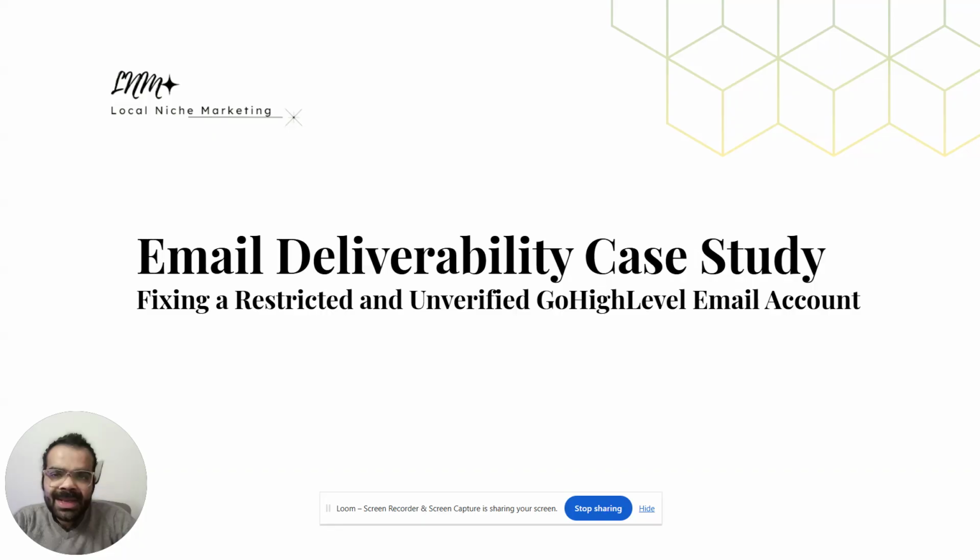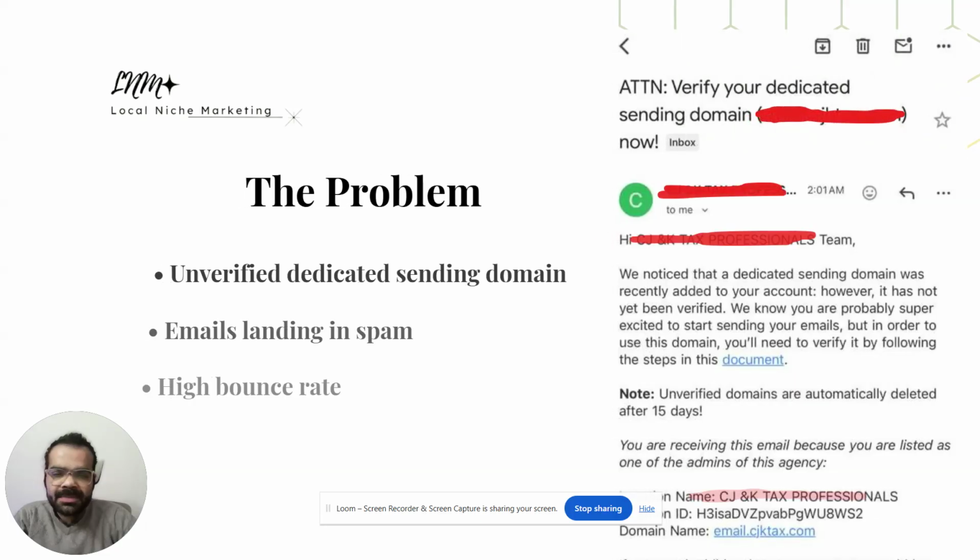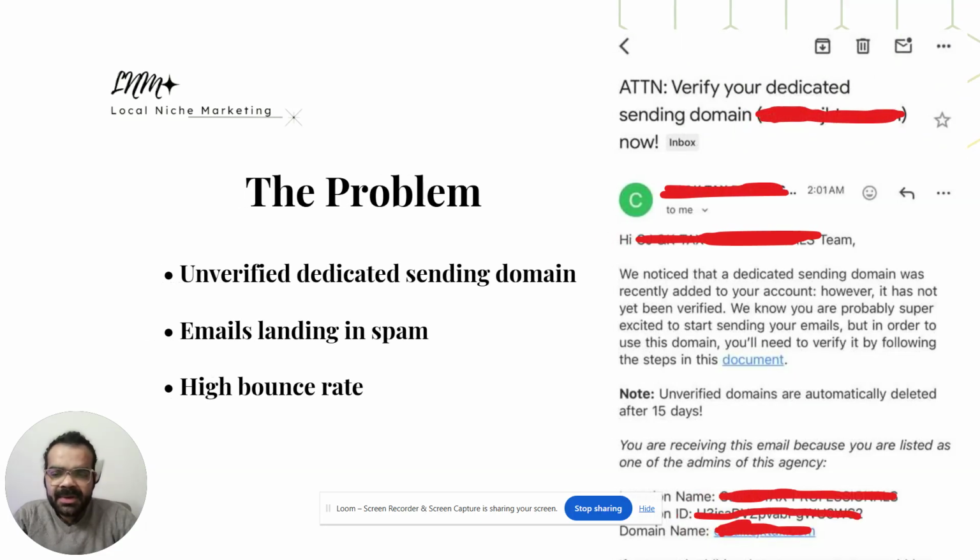They wanted to run campaigns for their New Year offer, and they were having some issues with their email deliverability. And there were certain problems, right? So the problems are written here, like they were having an unverified dedicated sending domain, emails were landing in the spam folders, and they were having a very high bounce rate.